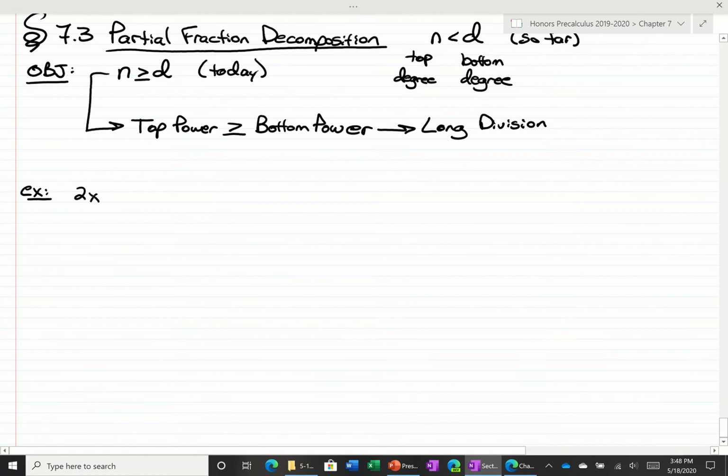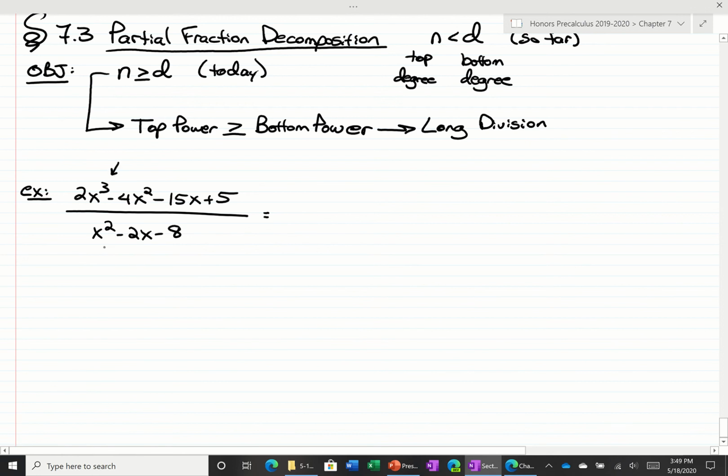Say if we had 2x to the third minus 4x squared minus 15x plus 5 divided by x squared minus 2x minus 8. Well, we should factor the bottom. Actually, before we even start factoring, it doesn't really matter what it factors to.